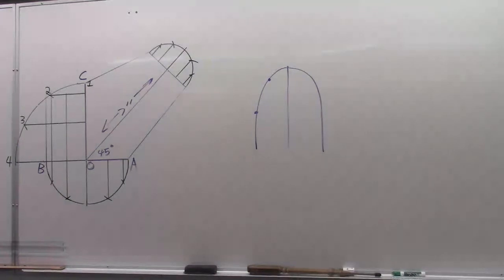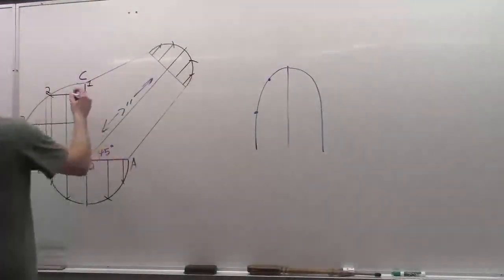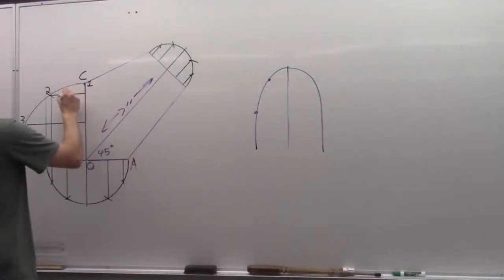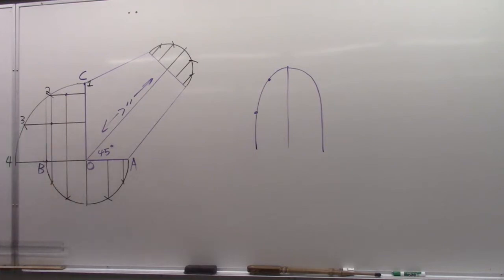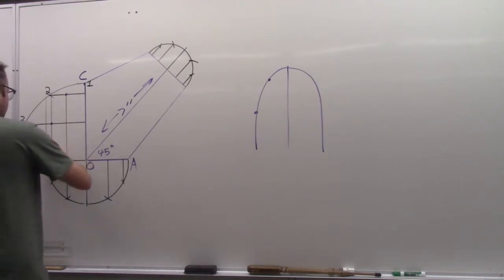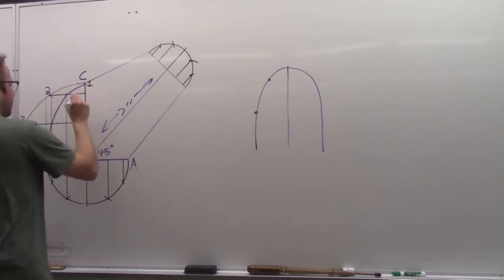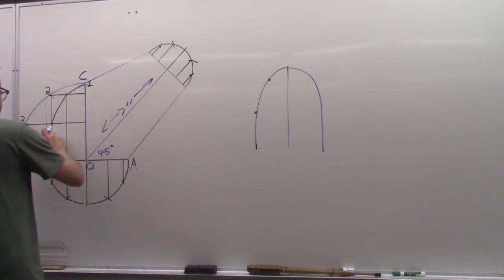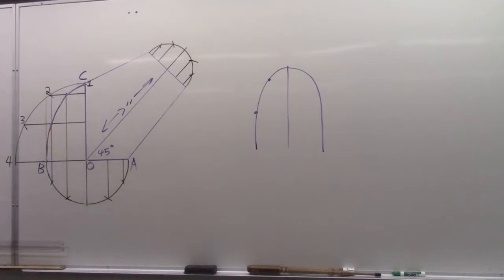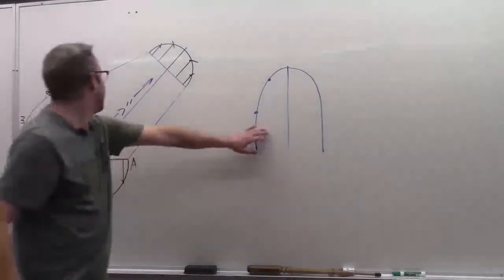Ooh, sector. All right. I can kind of eyeball that. So that is our elliptical shape right now.